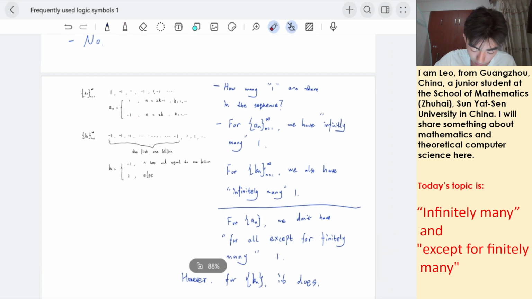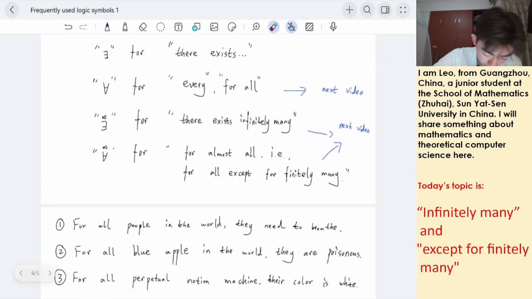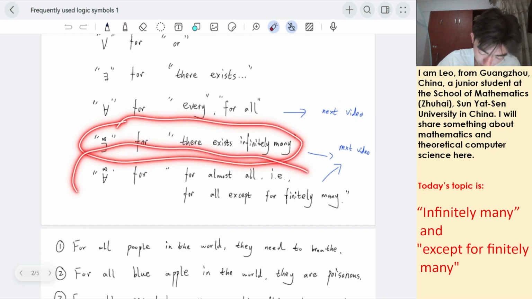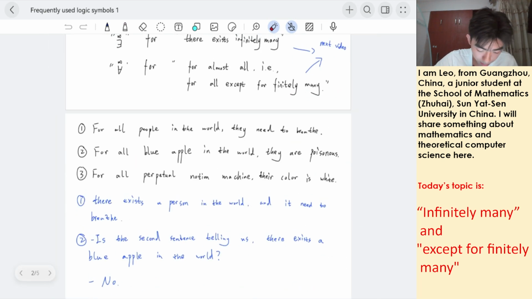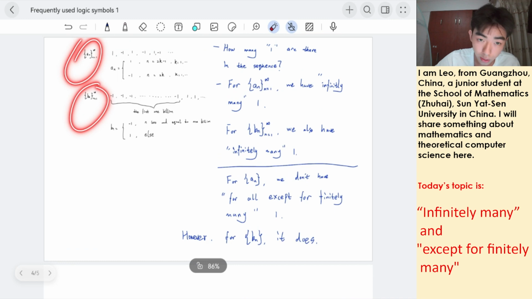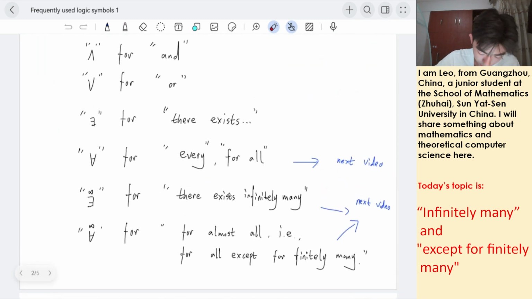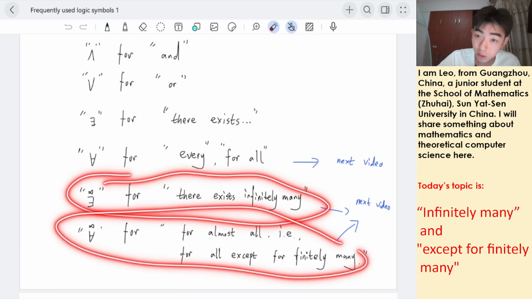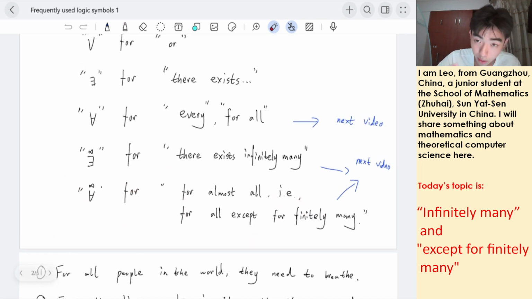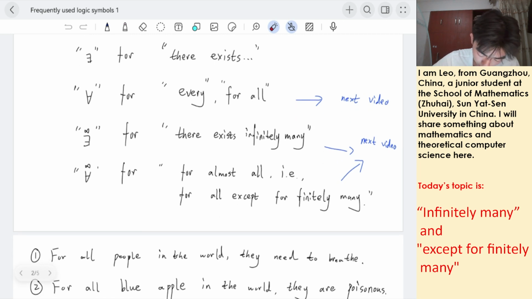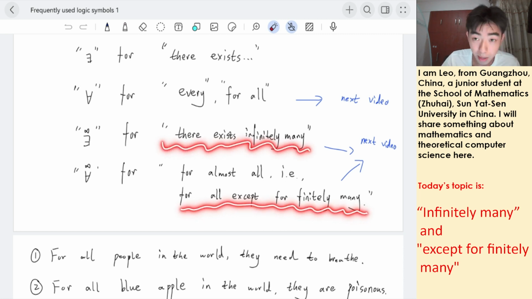So from these two examples we can infer that these two things are different, but they have a relation. What's the relationship between them? If we say that for all except for finitely many, then we can say there are infinitely many.